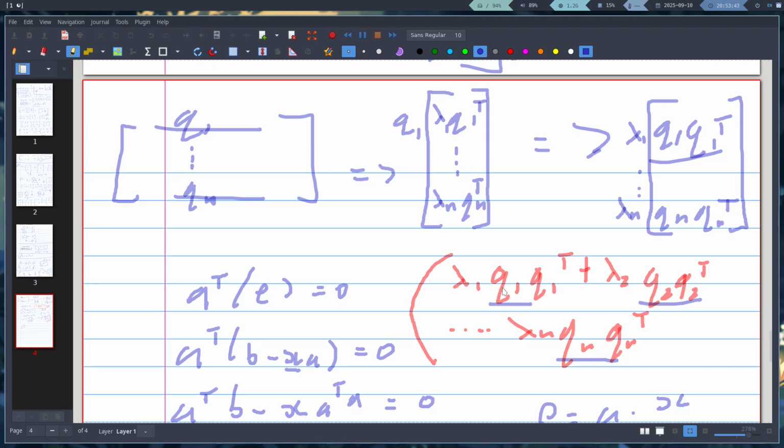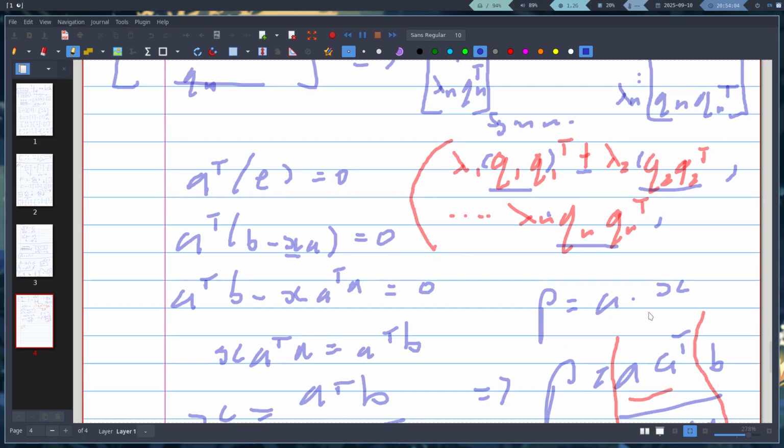This is the point, right? So this is what a symmetric matrix really is. A combination, these plus signs, a combination of mutually perpendicular symmetric projection matrices. So this is a projection matrix, this is a projection matrix, and this is another projection matrix.